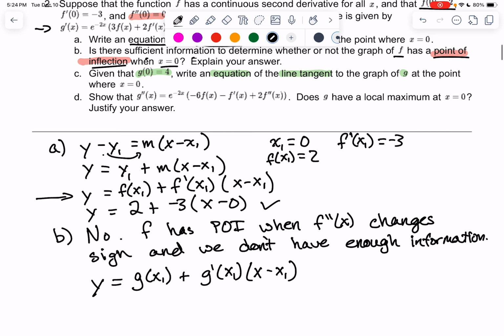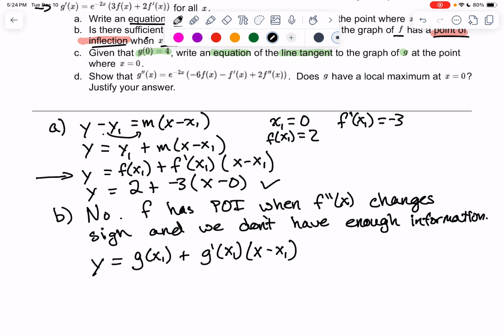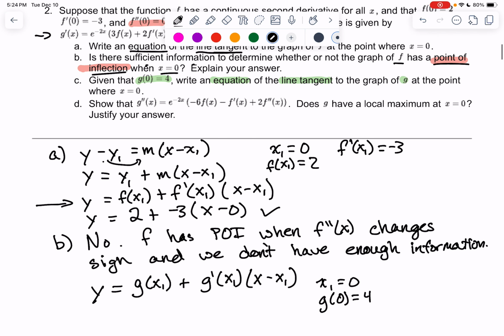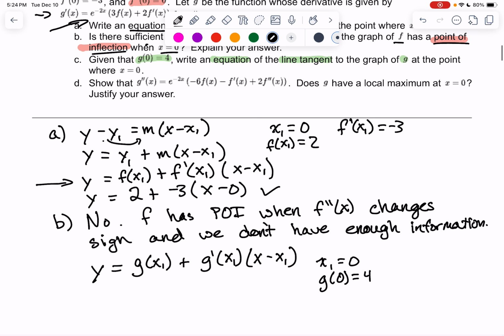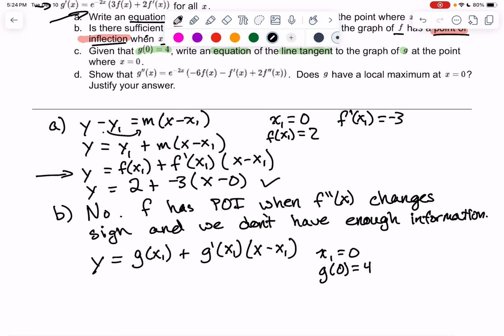All right, and x1 is our value. In this case, it's 0. So again, we're going to say x1 equals 0, and g of 0 equals 4. g prime is something that we could calculate from this, but you don't even have to fully simplify it.